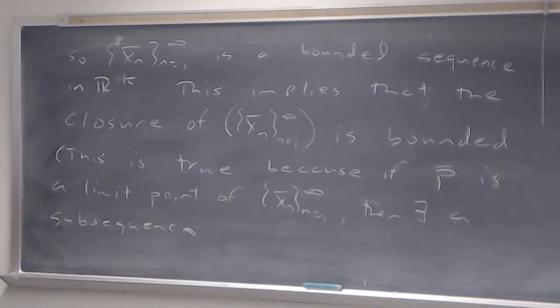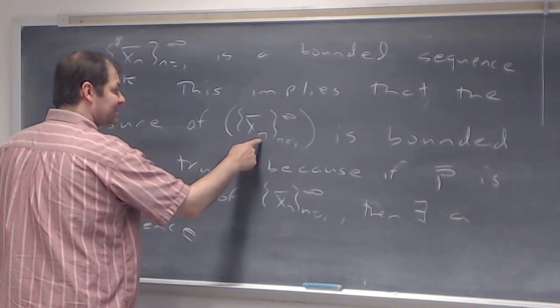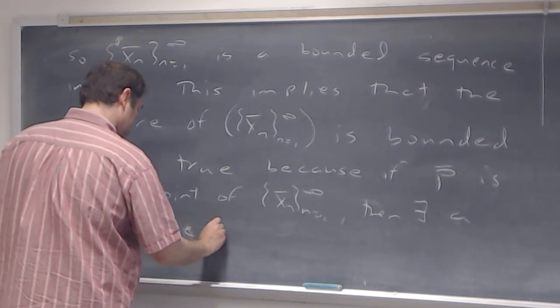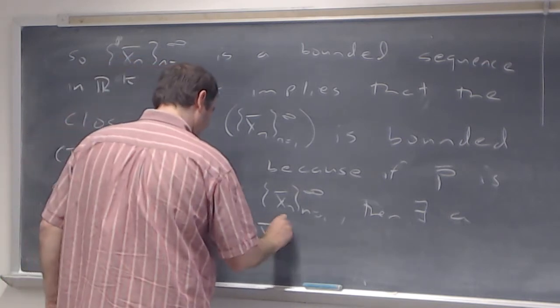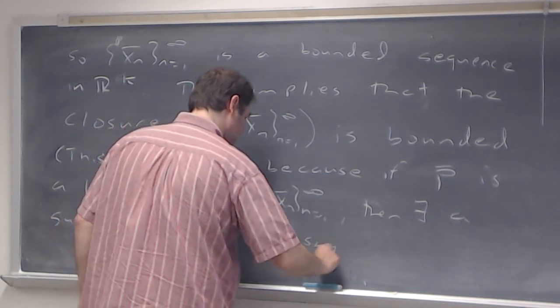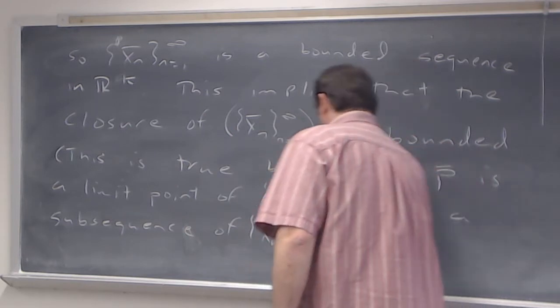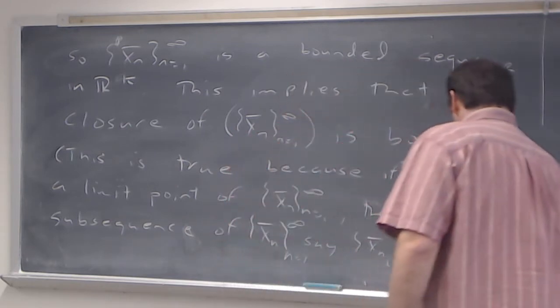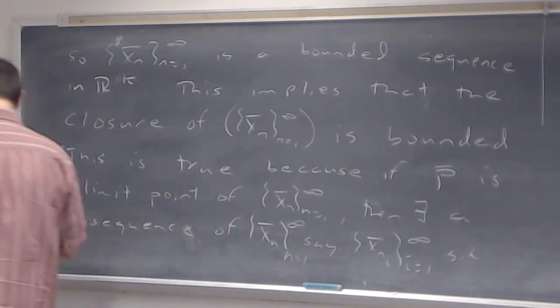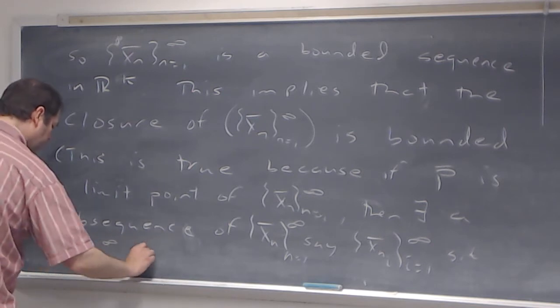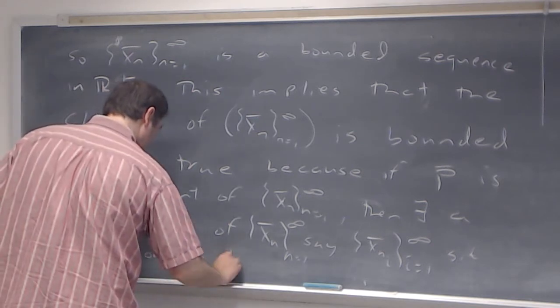Remember, if you're a limit point of a set, there's a sequence within that set that converges to it. And so here, since our set is the output values of the sequence, we're saying there's a subsequence of x sub n, say x sub n sub i running from 1 to infinity, such that the x sub n sub i's converge to P.